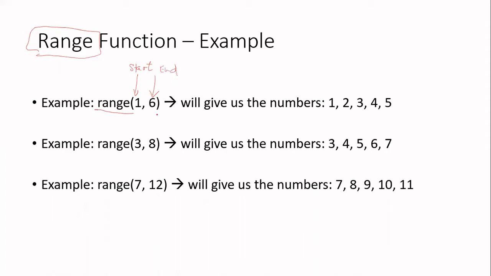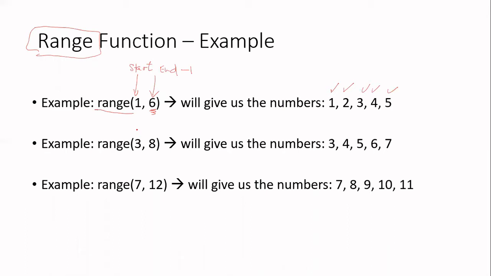But as was the case with one parameter, you always end 1 less than the value specified. So when you say range 1, 6, it means generate numbers from 1, not to 6, but 1 less than 6. So you're going to get numbers from 1, 2, 3, 4, 5.